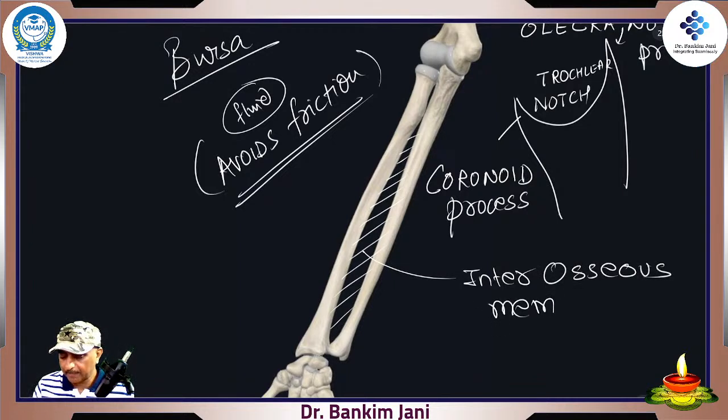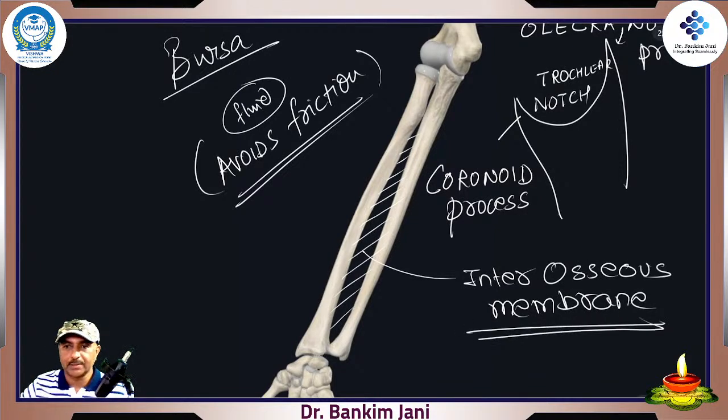As for the location of bursa, there are so many bursas. When we discuss the soft tissues, we'll talk about where exactly these bursas are and what they do, because you'll relish it when you understand them with respect to those muscles.